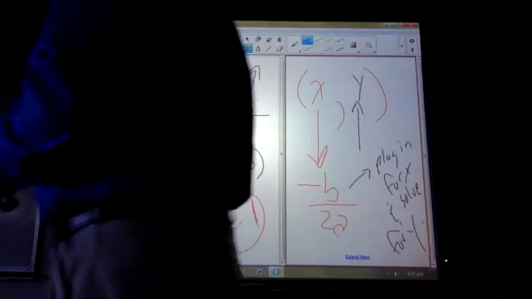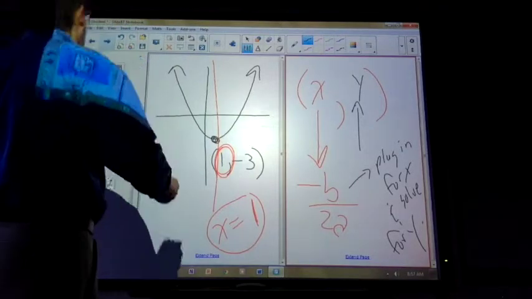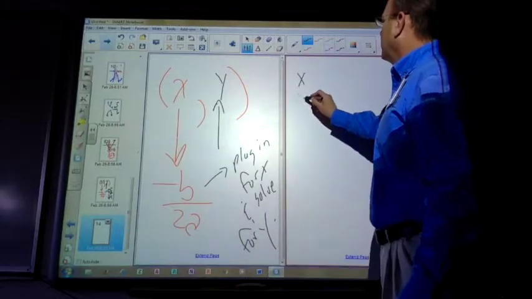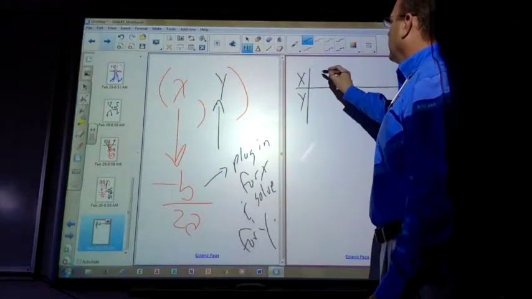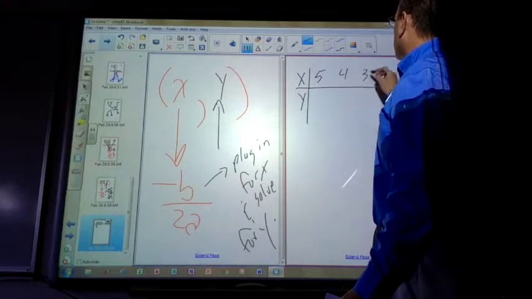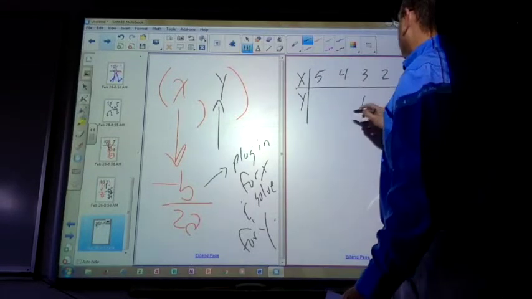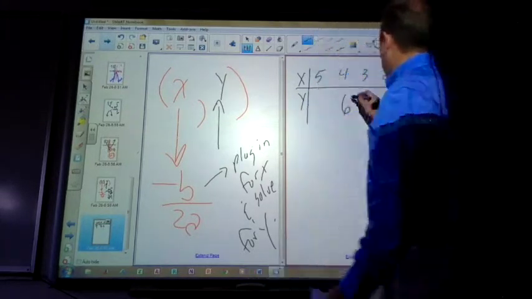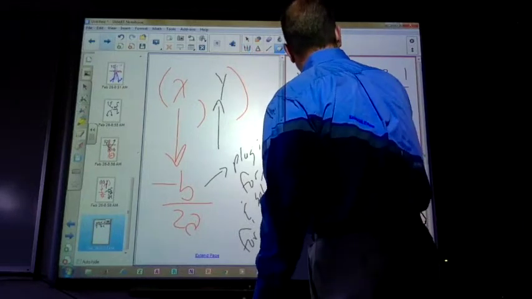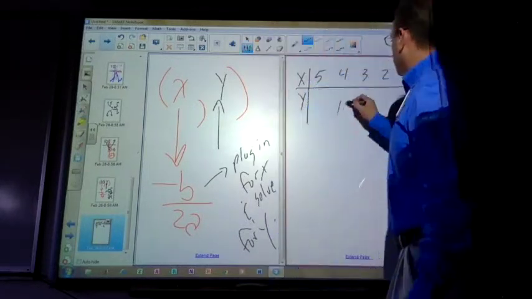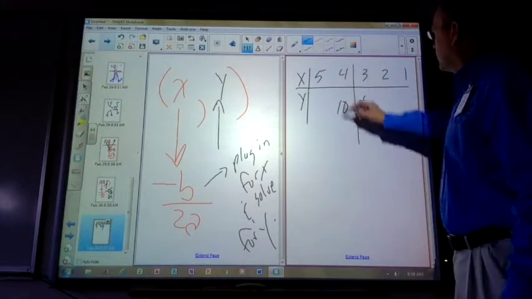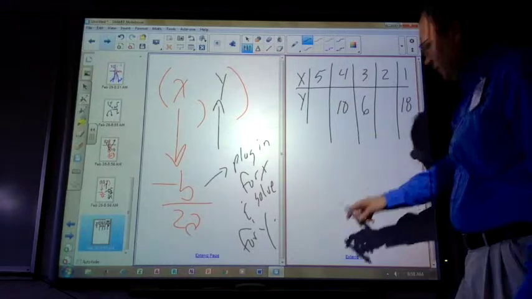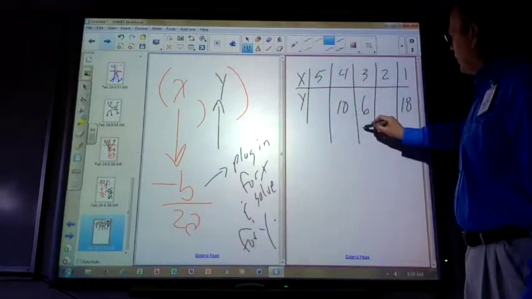Sophia. If I had this as my grid, this is my vertex.